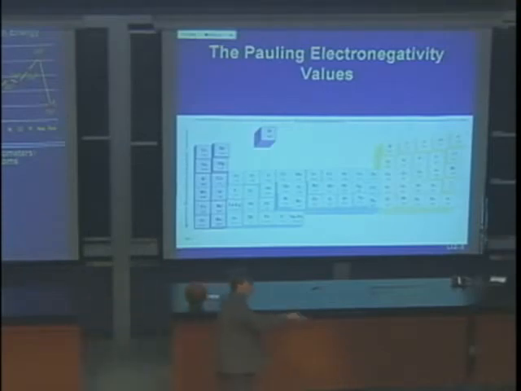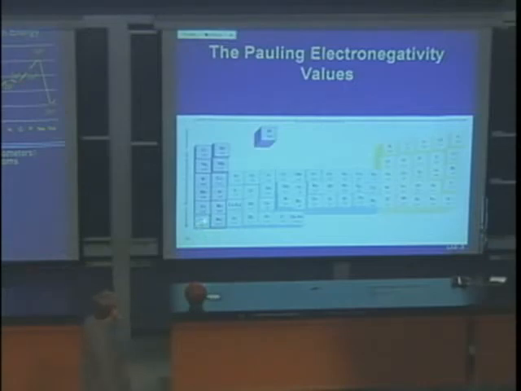You already know that fluorine has a strong electron affinity. We have seen this when we talked about it. And the least electronegative, or the most electropositive, is francium. That's an alkali metal with 0.7. Okay?